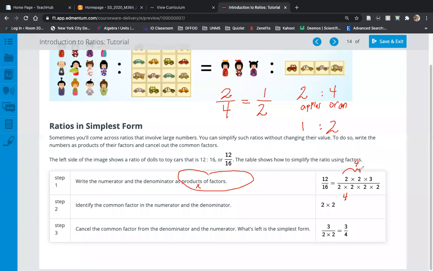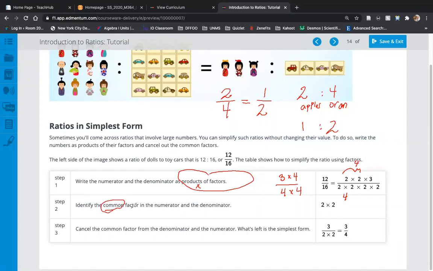Depending on how you're working, you don't always have to do a prime factorization, right? Another way that I could have done this here is I could have said, okay, I know that 12 is 3 times 4. I know that 16 is 4 times 4, right? Now it says identify the common factor.